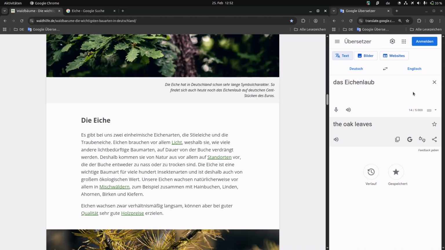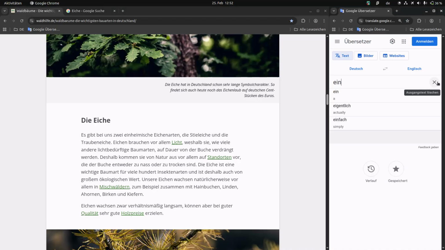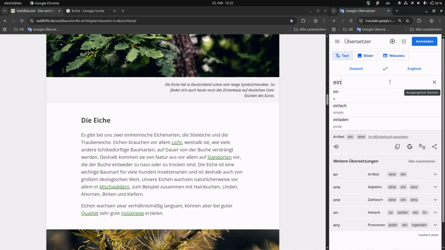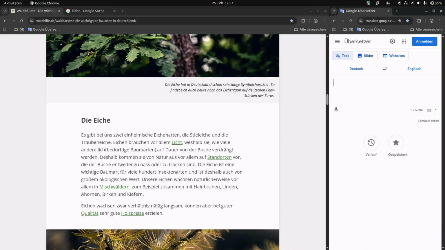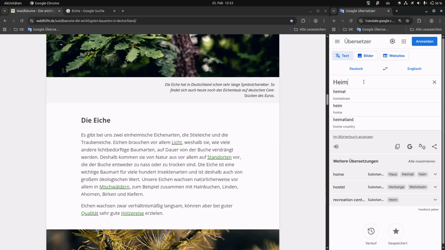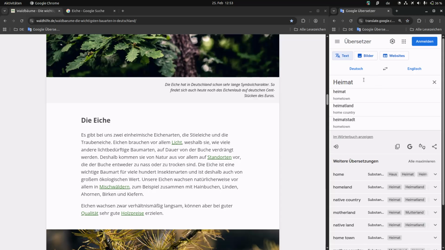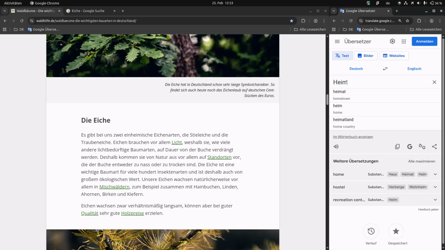This derives from the word ein, which means one or into something. Heim derives from the word heim, which means home. Like, for example, Heimat is homeland, home area, something like where you're from. And Heim without the at means home.